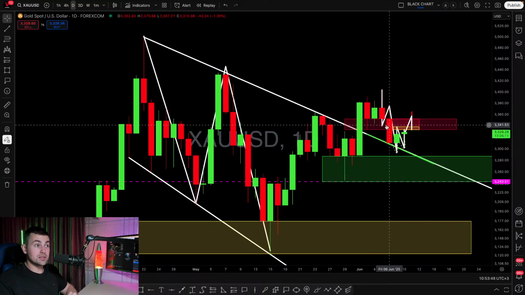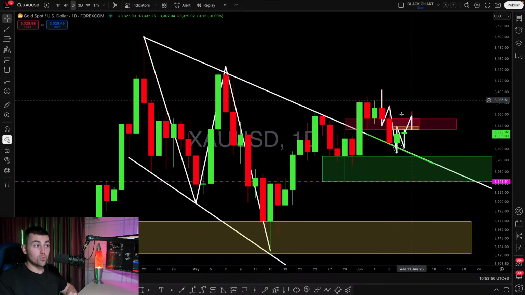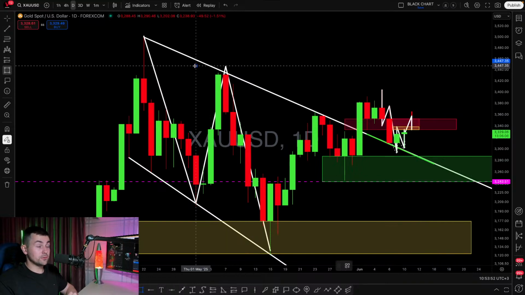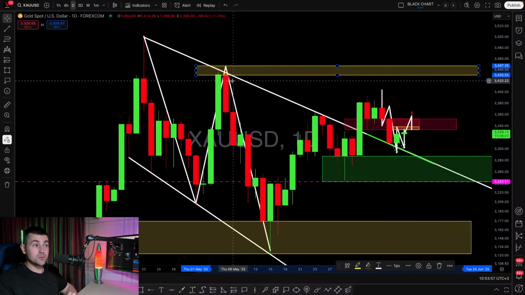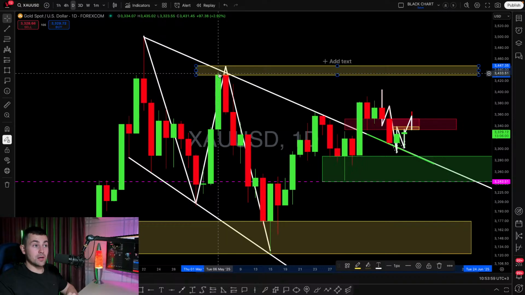So we can expect bullish movement at least to our resistance right here. That is our closest significant daily resistance, and that can be the goal for our swing long trade.